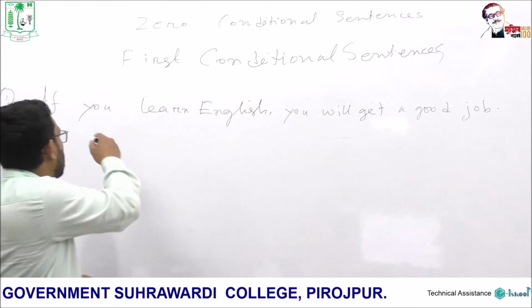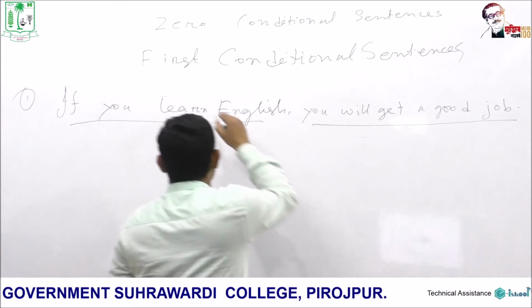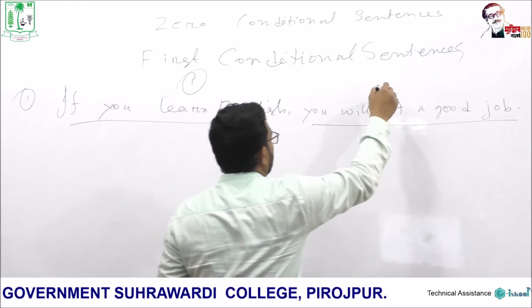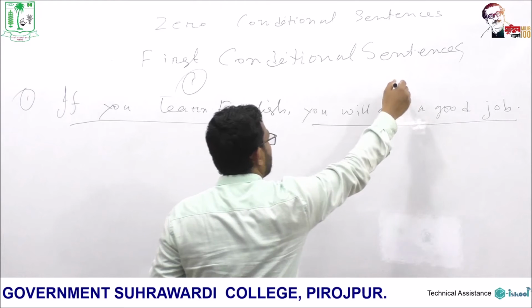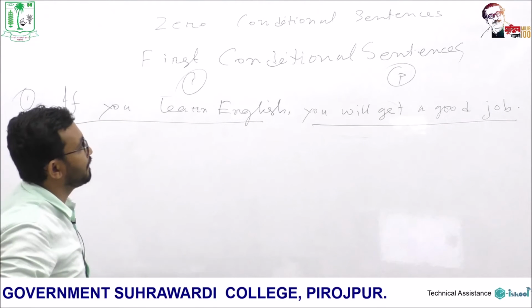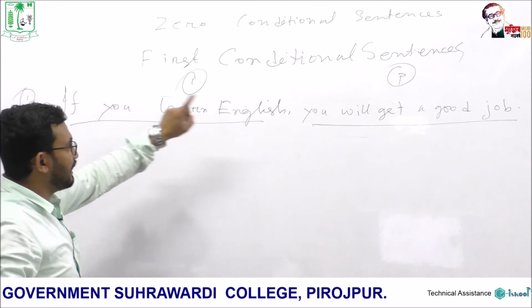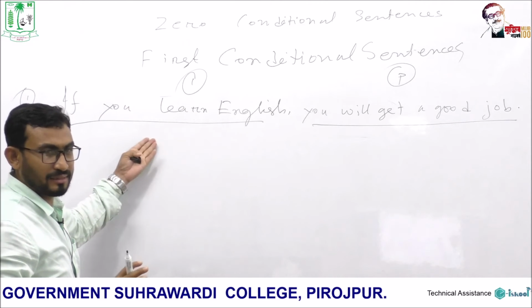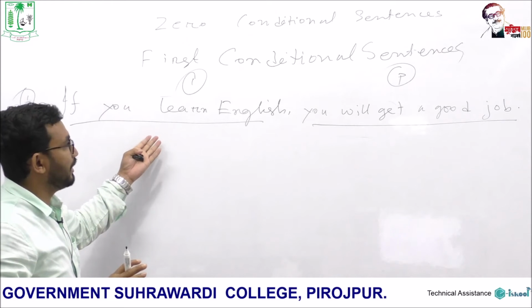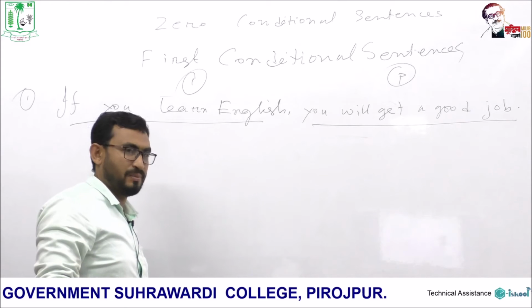How many clauses are there? Two. That is subordinate clause, principal clause. That is the if clause, and the other clause is the principal. The if clause is the subordinate clause, dependent clause, and the other clause is the principal clause.